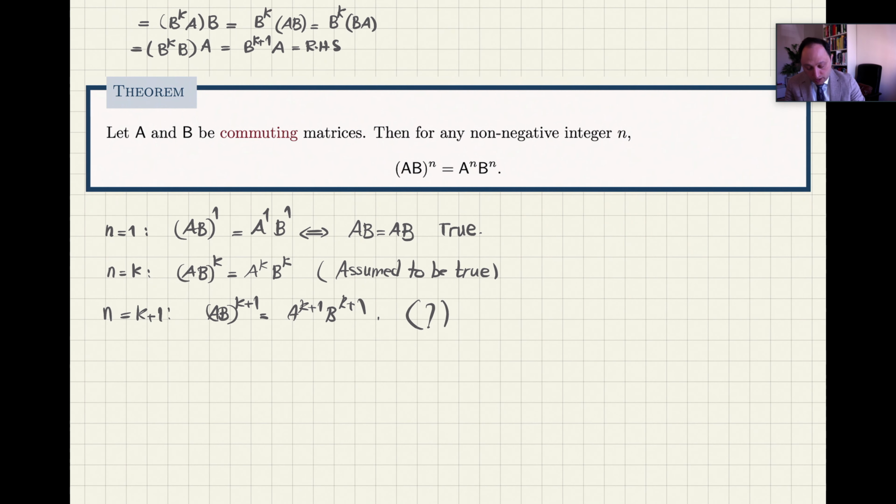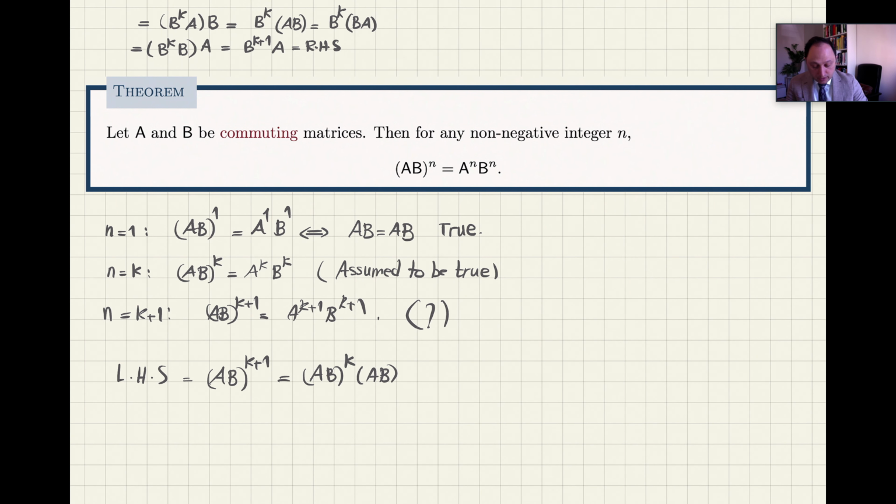So what I do, I start from the left hand side. I would write (AB) to the power of k plus 1, but what is the meaning of (AB) to the power of k plus 1? I want to somehow be able to use my assumption, and in my assumption you see that the power of k is involved, so it is motivating to write this in this form. Or maybe you choose to put k here and 1 here. In principle, it shouldn't matter.